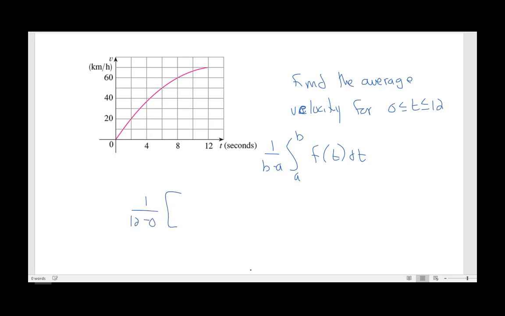I'm going to stop for a moment because we can't actually evaluate this integral because we don't have an equation for the function. So as we mentioned a minute ago, we can interpret this integral as area under the curve. So when we're integrating f, we're finding the area under the curve. And what I'm going to do is use some approximating rectangles.